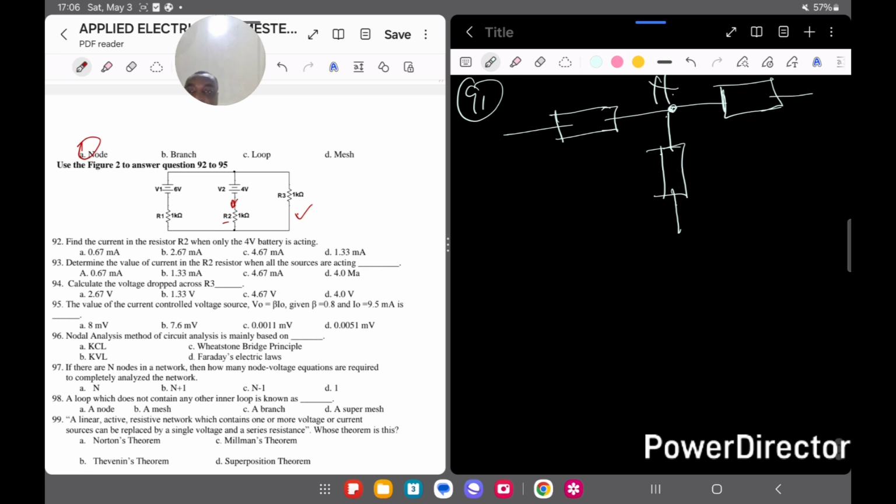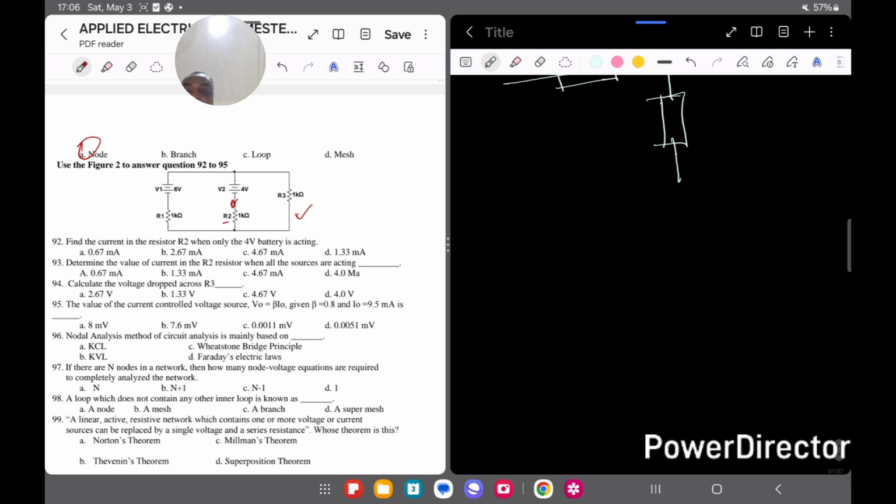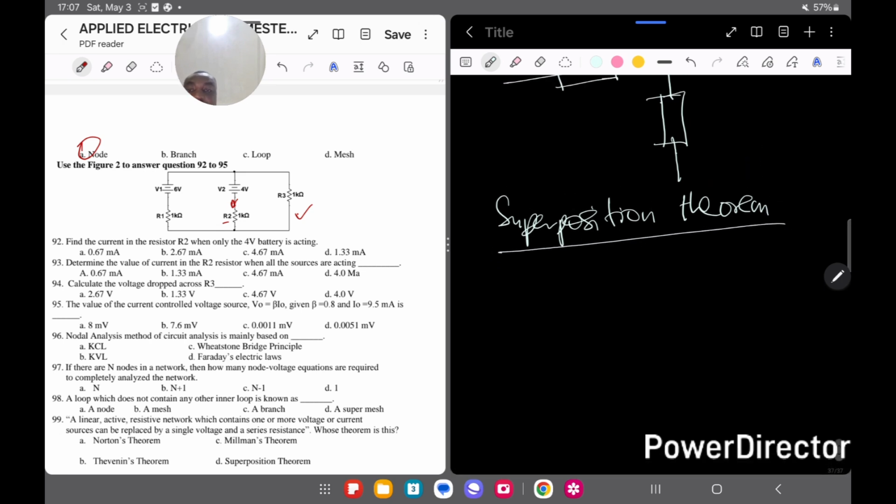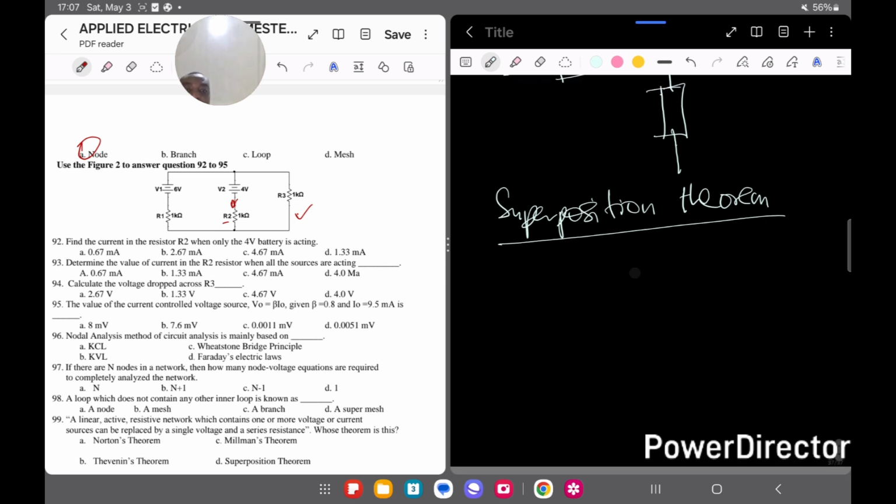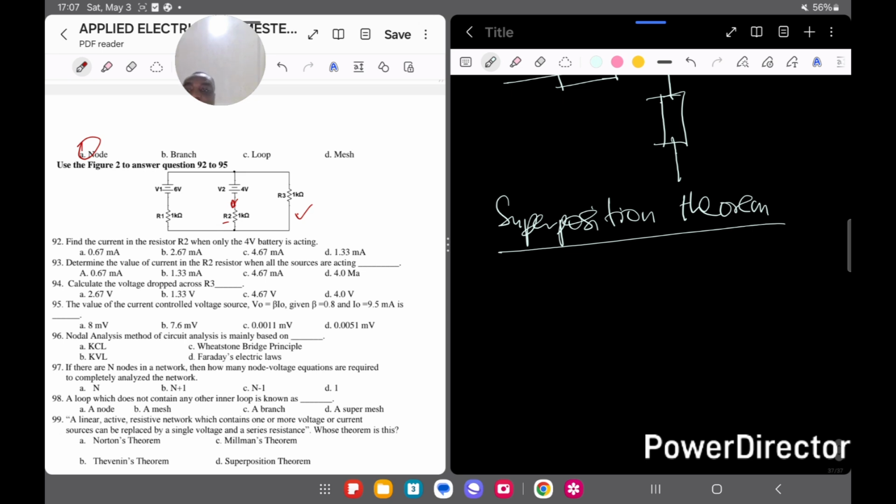Now, with the superposition theorem, we take one source at a time. One source is acting at a time. We have two voltage sources. If 4 volts is acting alone, that means we are going to turn off the other voltage source.